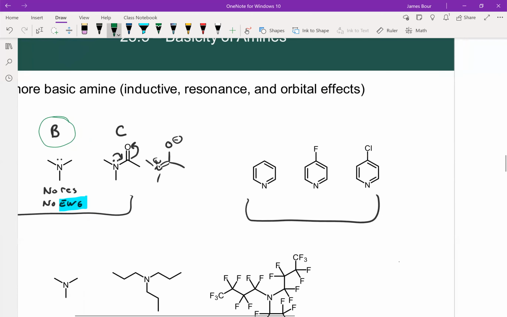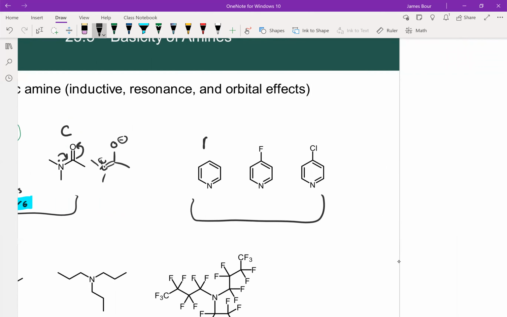Let's move on to the next group. We have pyridine, we have 4-fluoropyridine, and we have 4-chloropyridine. And the only differences amongst these compounds is that each pyridine has either nothing at all, a hydrogen at the 4 position, or a fluorine or a chlorine. And so the most basic amongst these is actually compound D. Compound D does not have electron withdrawing groups. Again, electron withdrawing groups reduce basicity.